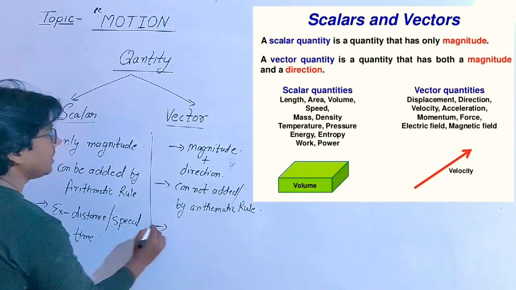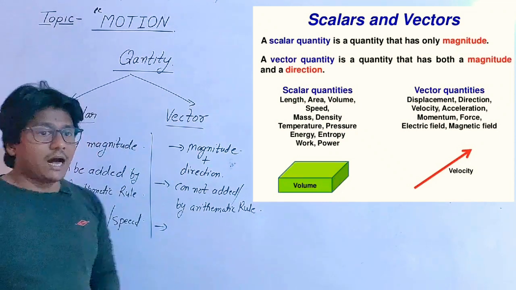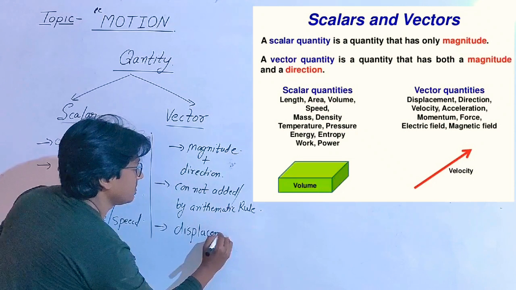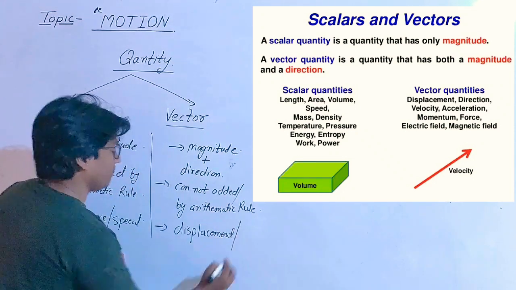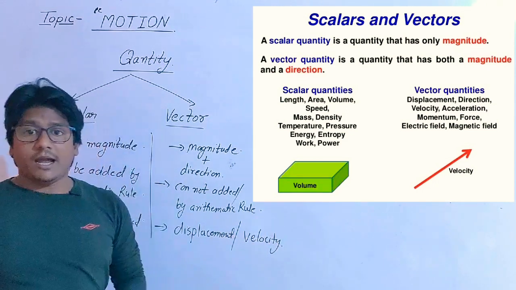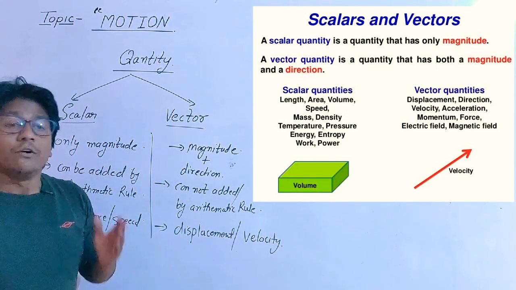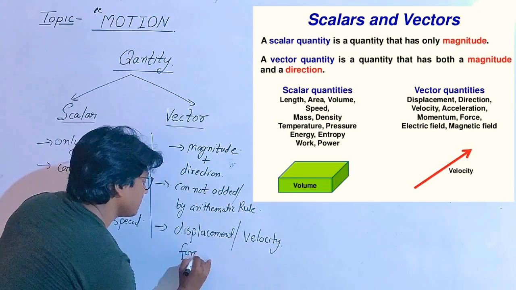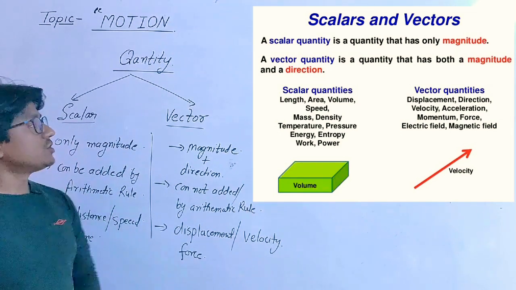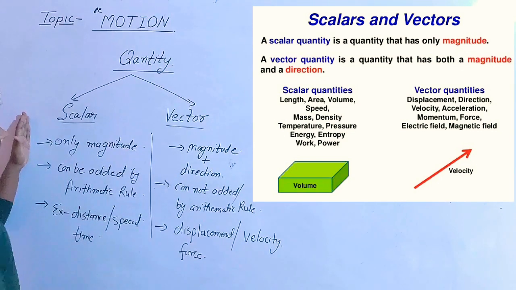As compared to this, examples of vector quantities are displacement, velocity and force. Hope the concept of scalar quantity and vector quantity for you are clear.